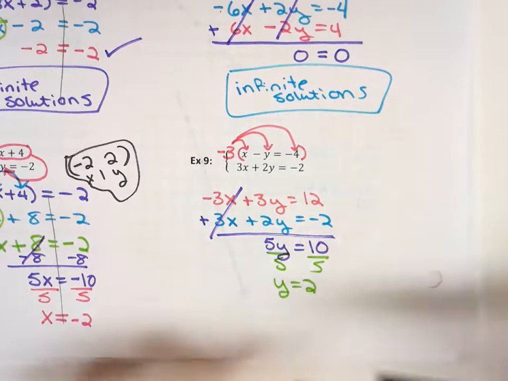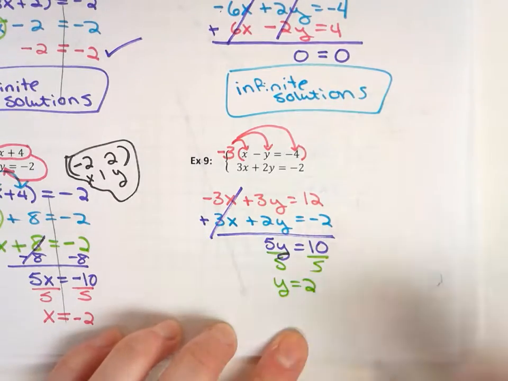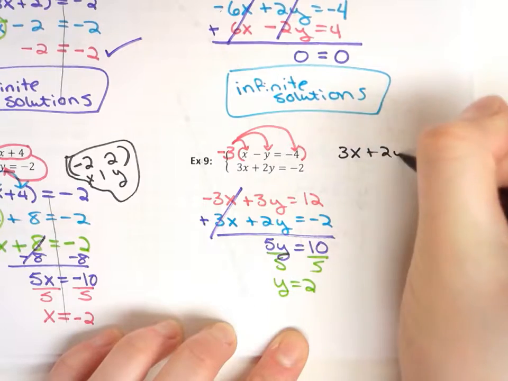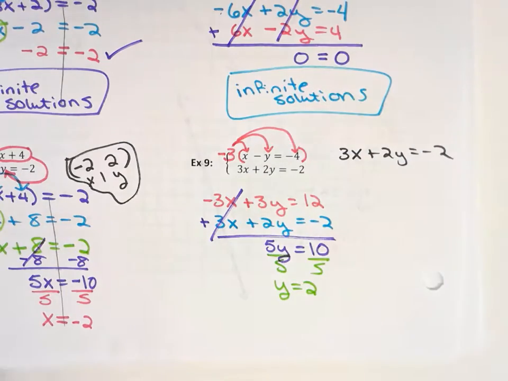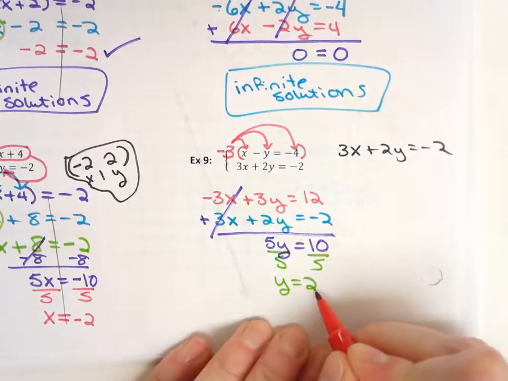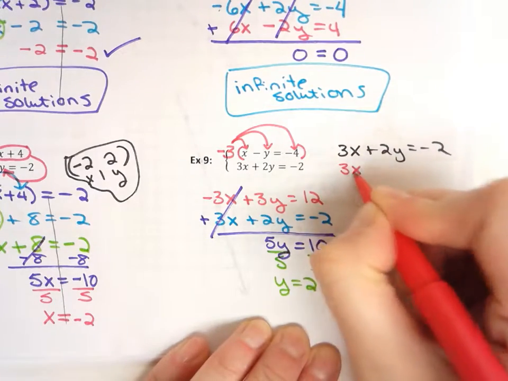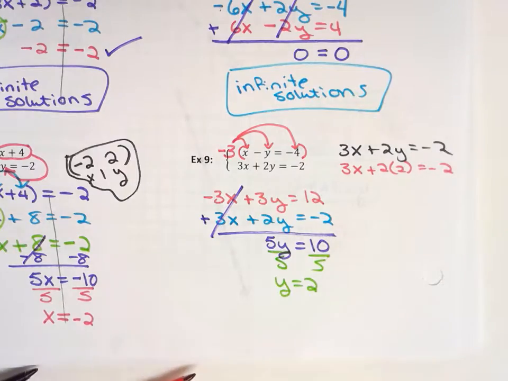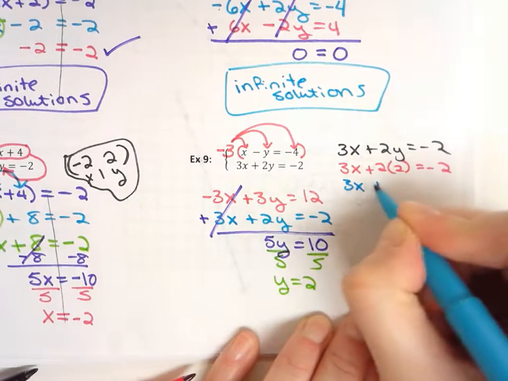Well, now that I've got the first letter, I'm going to pick one of the original equations. I think I'm going to take 3x plus 2y is equal to -2, but you pick which one you want. And I know my y value is 2, so I'm going to plug that in. Once you've plugged it in, you need to take care of that multiplication.